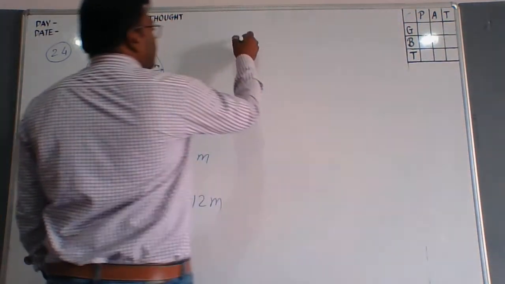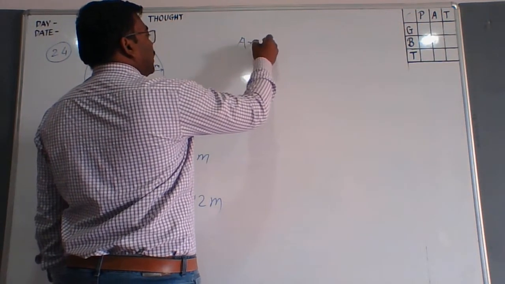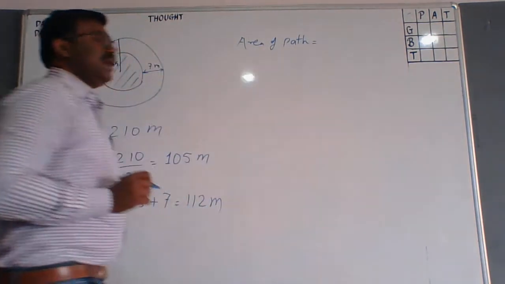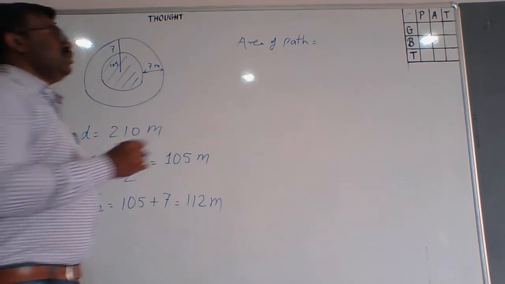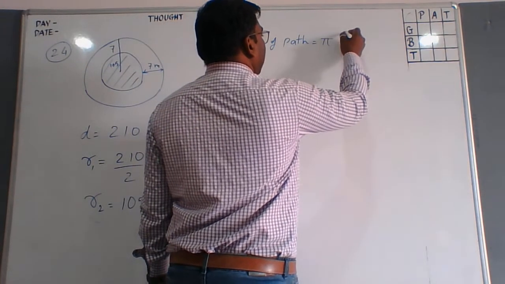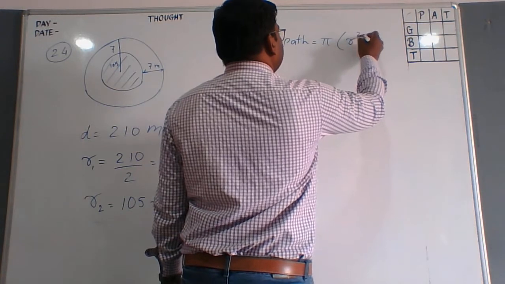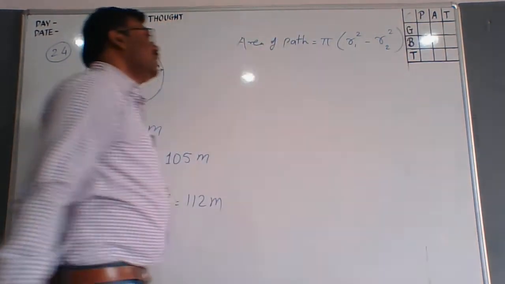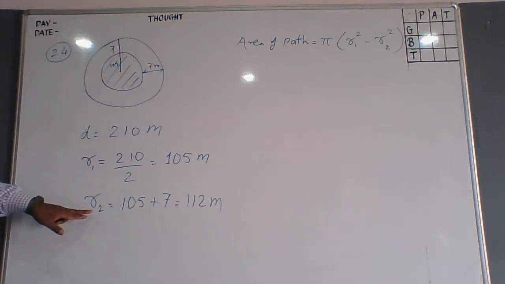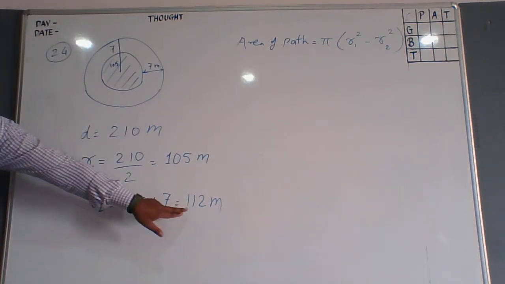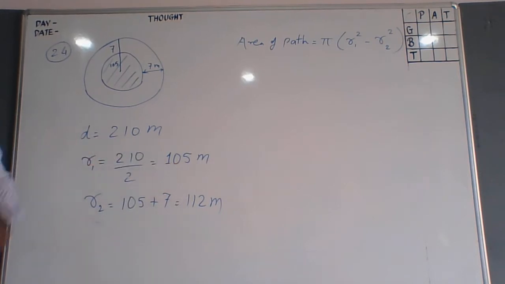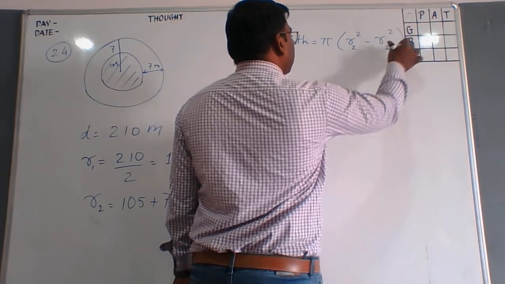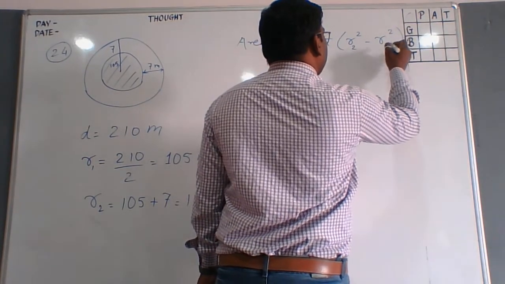Okay, area of path equals the area of the ring, that we know the area of the ring is pi times r1 square minus r2 square. But in this case, the greater is r2, which is 112, and r1 is smaller. So first we will take r2 and then we will take r1.